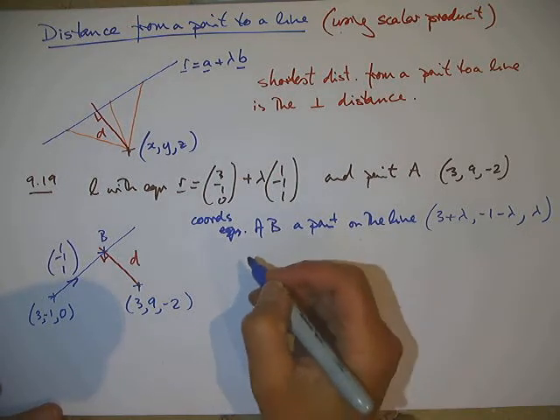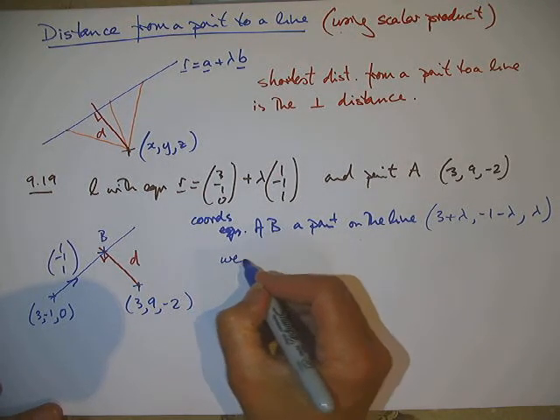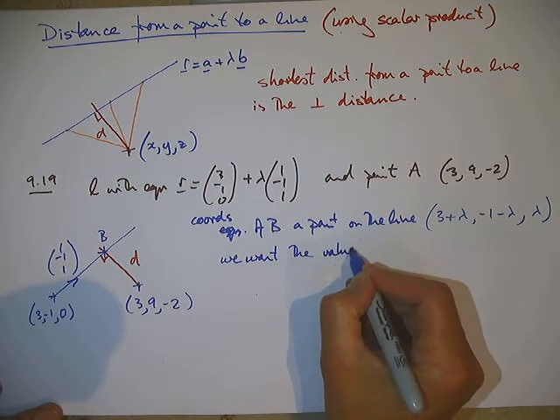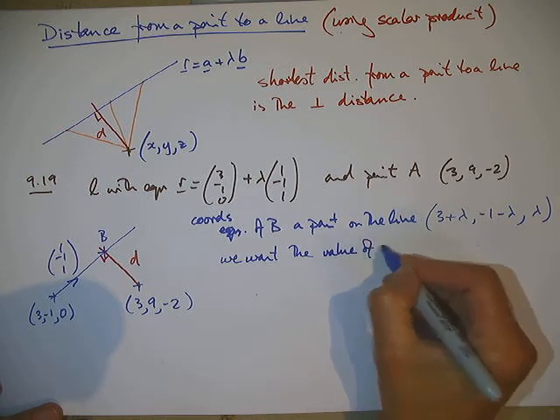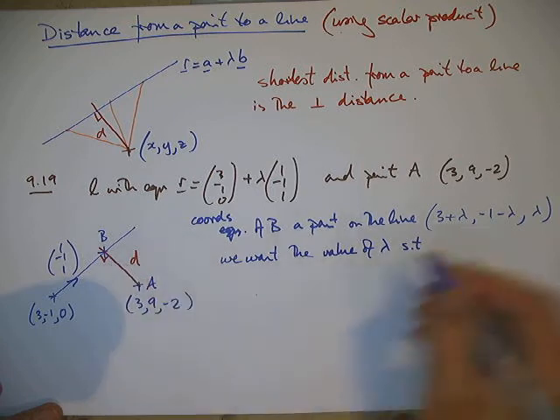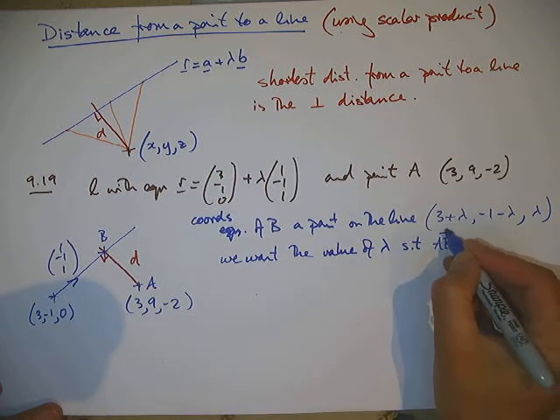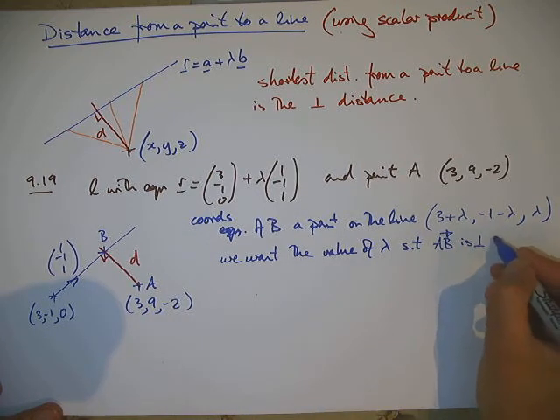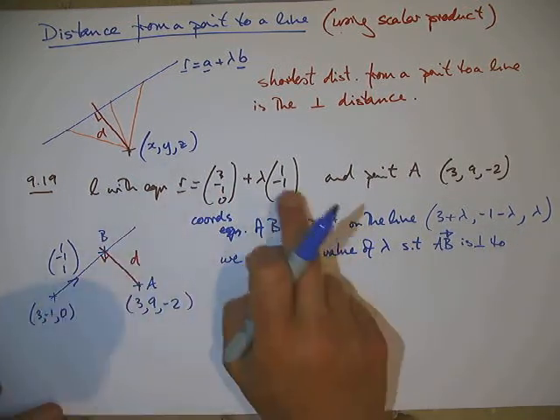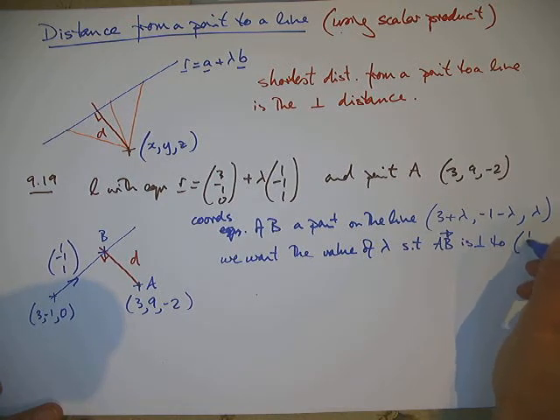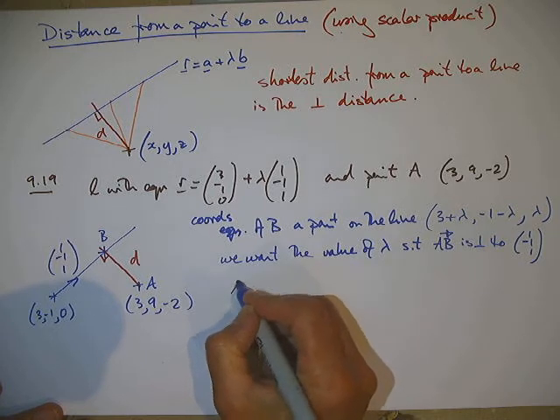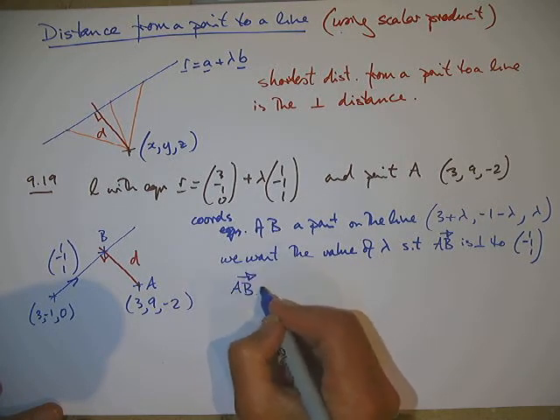We want the value of lambda such that A to B is perpendicular to that line there, so perpendicular to (1, -1, 1).